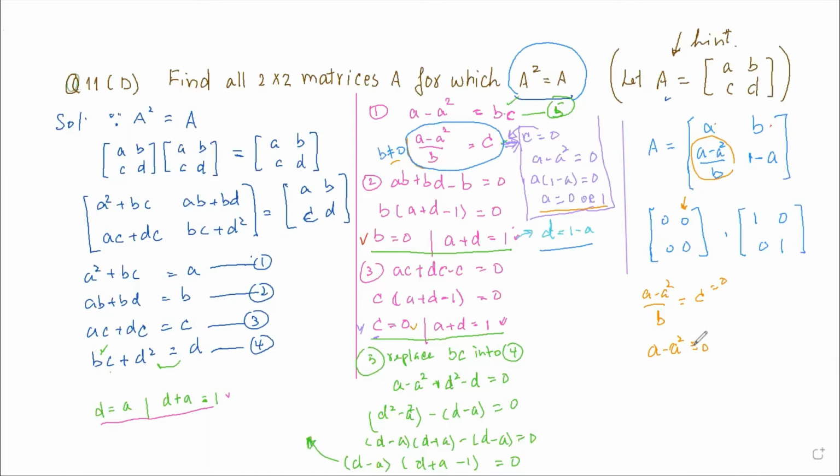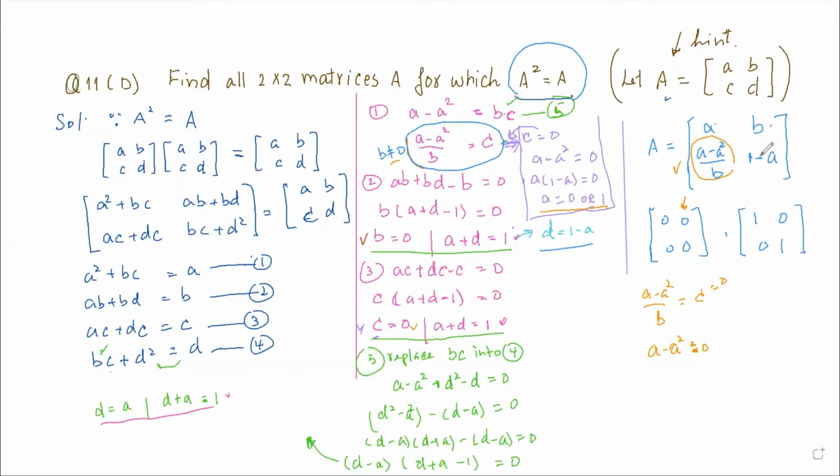If C equal to 0 in this case, we can see this is 0 because A can be either 0 or 1. So in this case, A can be 0 or 1. If 1, 1 minus 1. If 0, 0 minus 0, 0. So this case is okay. You consider it in this way.